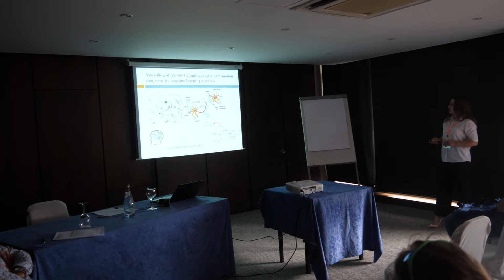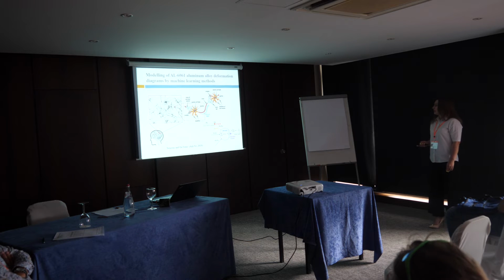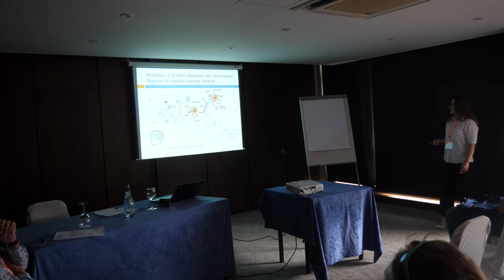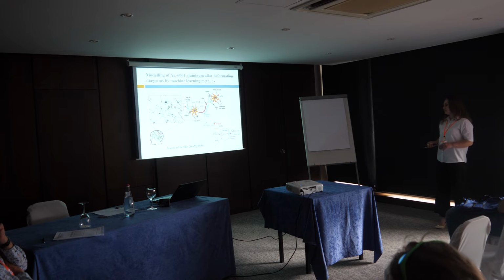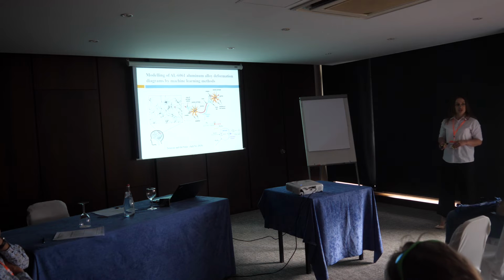For example, neurons communicate with other neurons through axons and synapses. So here you can see the comparison of the biological neural network and artificial neurons.